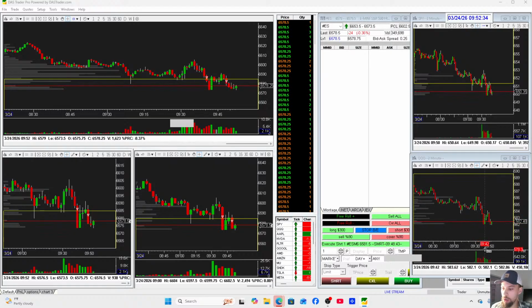Yeah, that pullback on the Qs, volume dropping off significantly here as we moved up there. I hate for this to pull back on me. Need that bearish pressure to come back in.